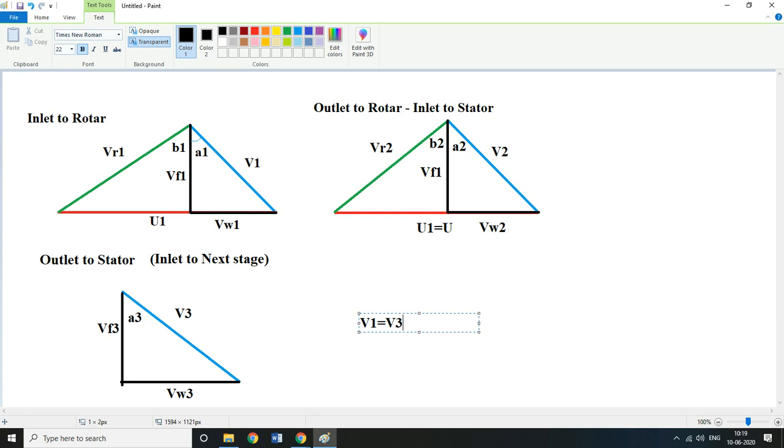The absolute velocity at the inlet of the rotor will be the absolute velocity at the exit of the stator, which is entering the next stage. So to put it in perspective, V1 is equal to V3, thus implying V3 will be equal to V4. Okay, V4 is the absolute velocity with which the air enters the rotor.